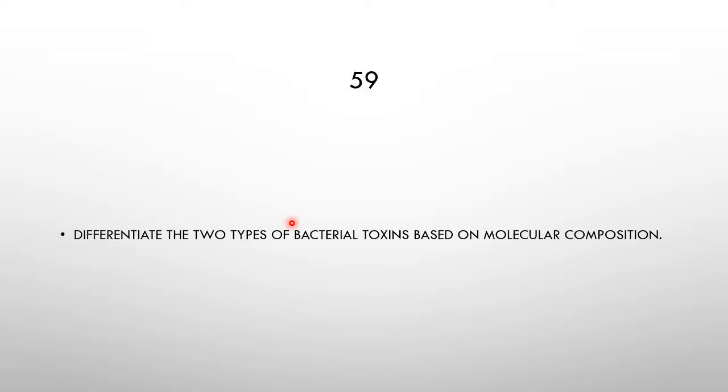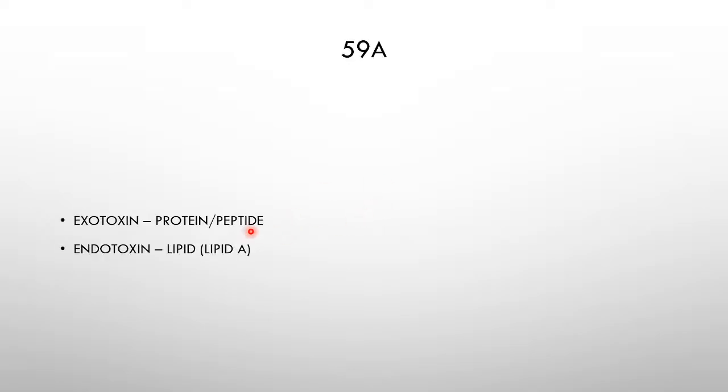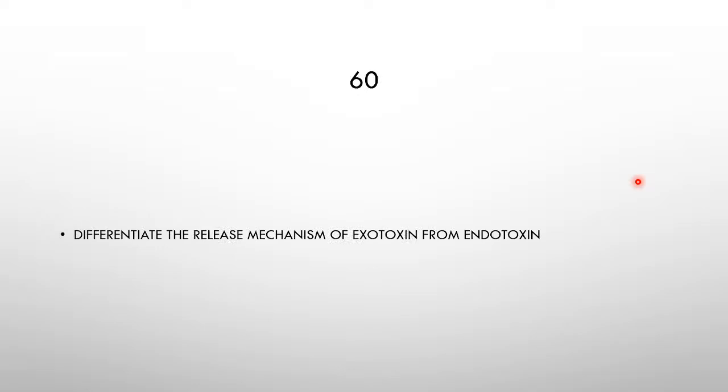Okay? So an exotoxin could be protein based or peptide based if it's connected to other proteins. And an endotoxin is lipid in composition. The example of which is lipid A. Okay? Clear? Yes, sir. All right. Now let's move on to the next one.